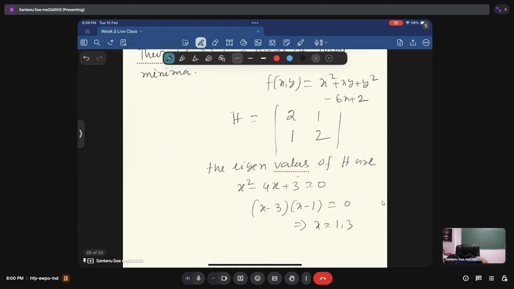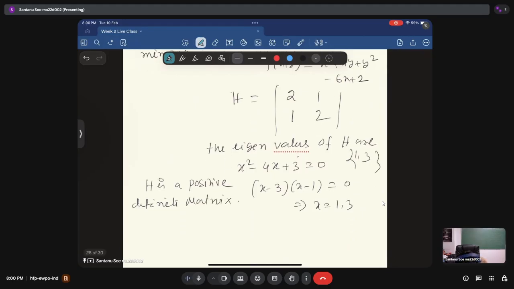So the eigenvalues of H are 1 and 3. That implies that H is a positive definite matrix. So since H is a positive definite matrix, f will be a strictly convex function.